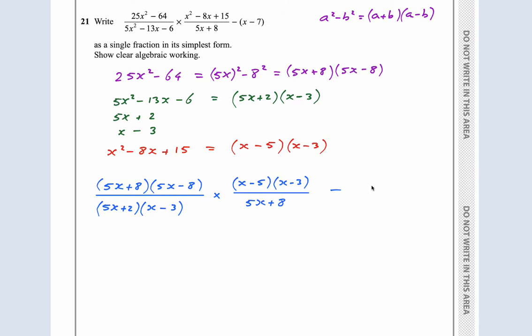And this is then minus x minus 7. So this is separate. Let's see what we can cancel here first. This x minus 3 and this x minus 3 cancel because I'm dividing above and below by x minus 3. This 5x plus 8 and this 5x plus 8 are gone because I am dividing above and below by 5x plus 8.